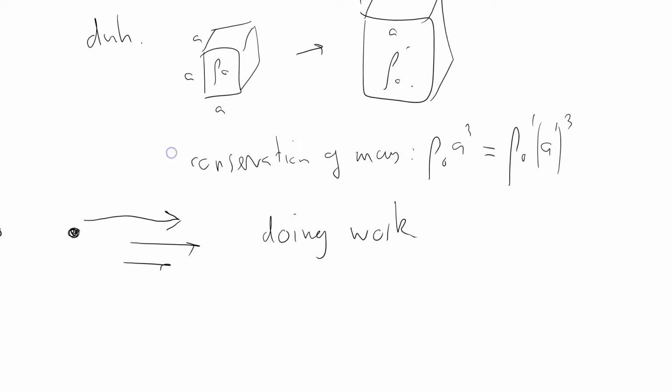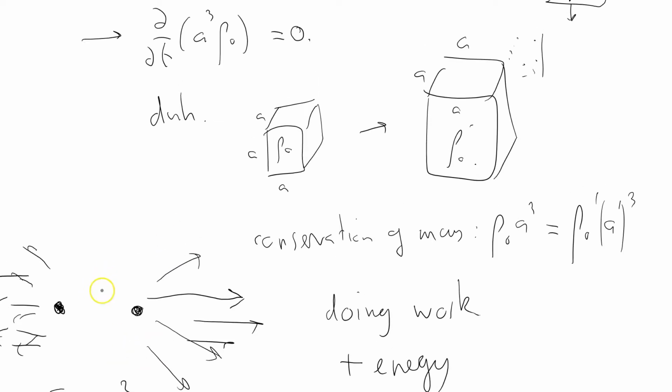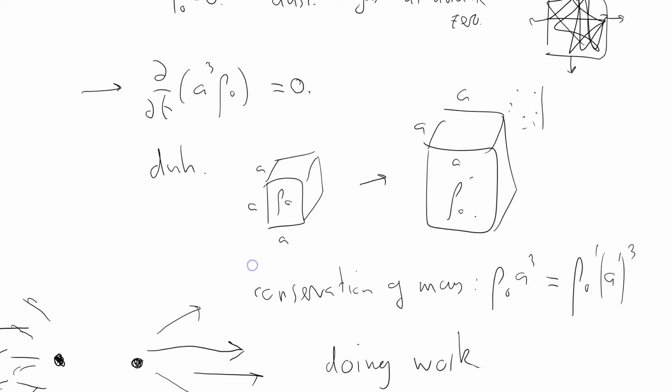And if I'm doing work, then I'm incrementing the energy, which increments the mass. So I'm moving these black holes apart and increasing their collective mass simply because I'm doing work on them, and E equals mc squared.